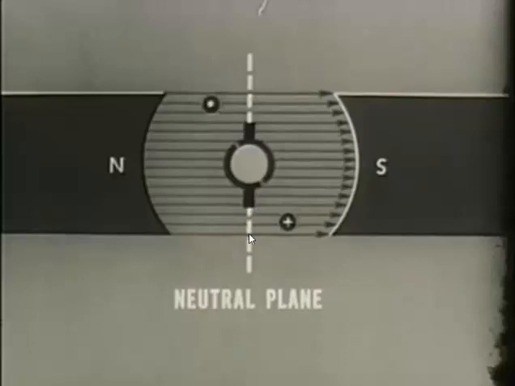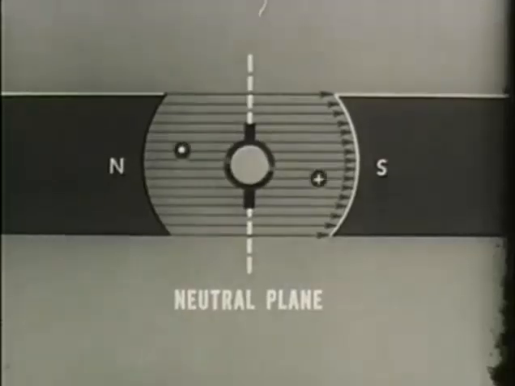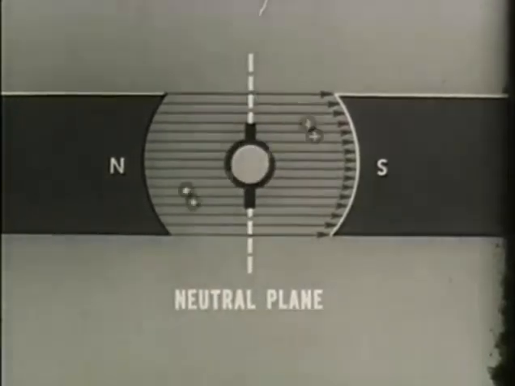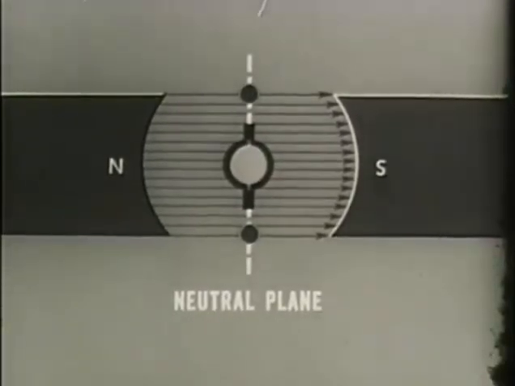Karena mengapa? Pada saat ini EMF adalah 0. Sehingga tidak ada listrik. Sehingga tidak terjadi percikan bunga api. Oke. Theoretically, no sparking should occur at the commutator brushes when they are placed in this position.